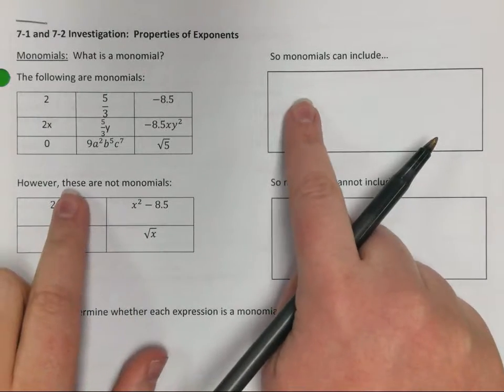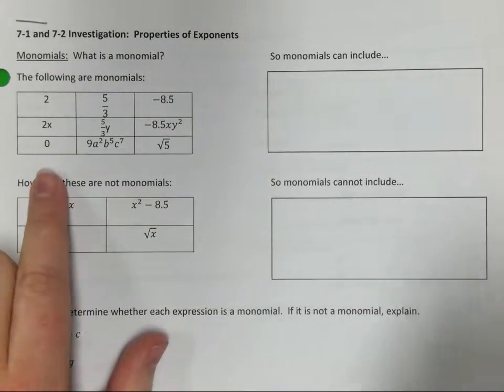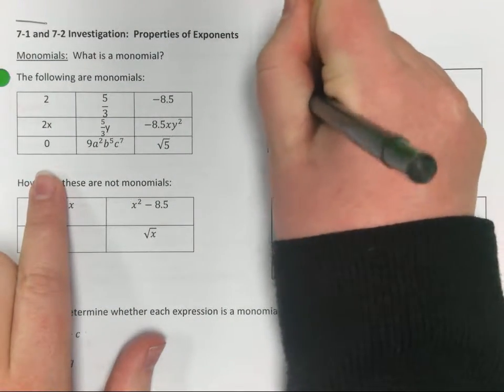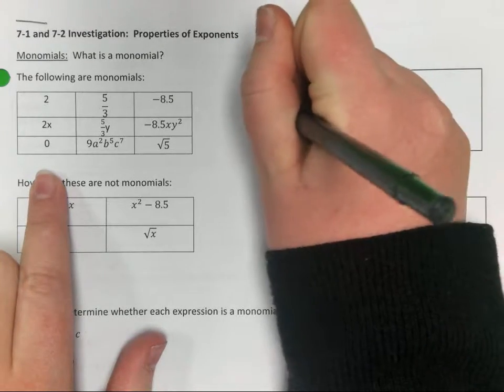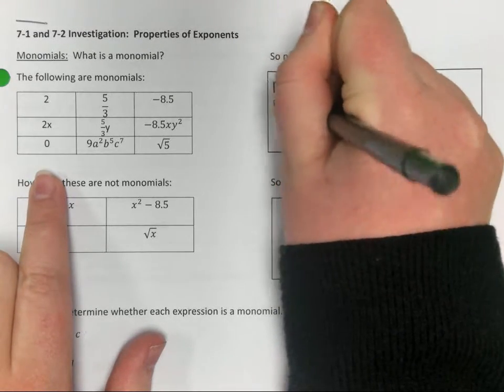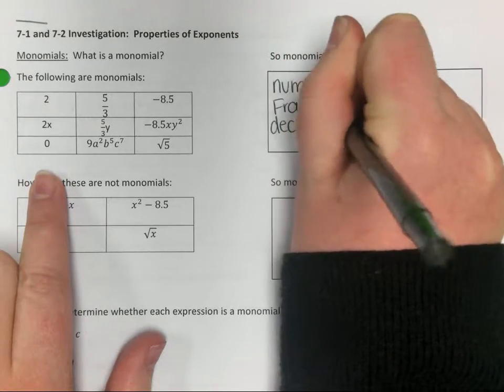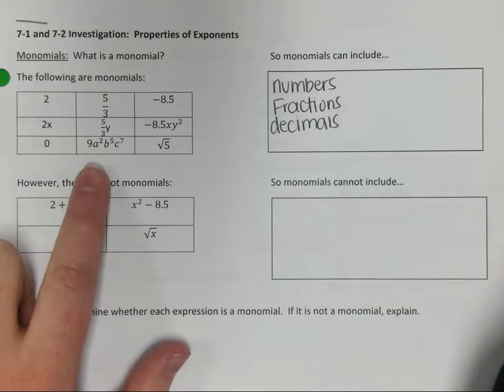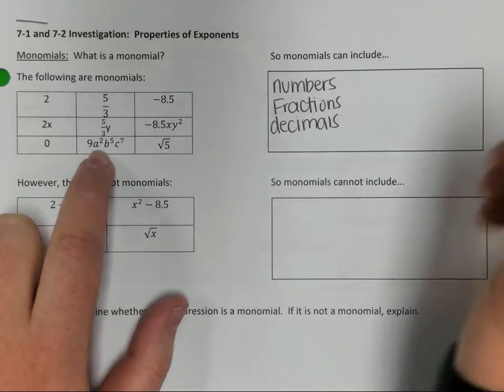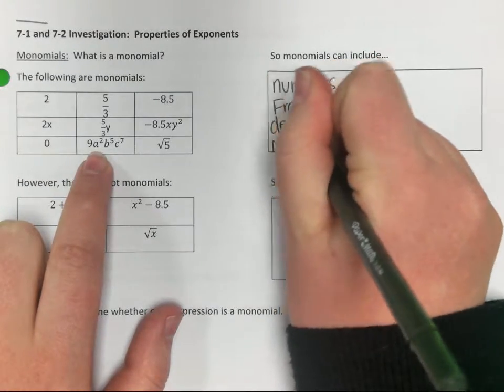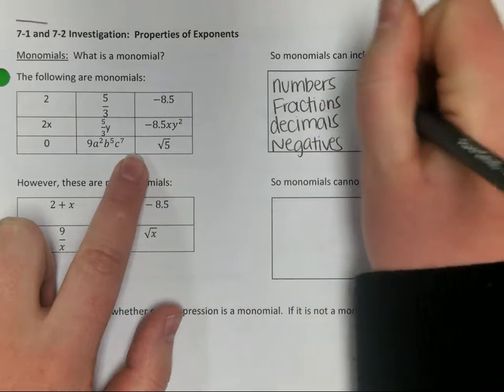So what are some things that monomials can include? Numbers. Fractions. Decimals. Variables. Negatives. Square root.